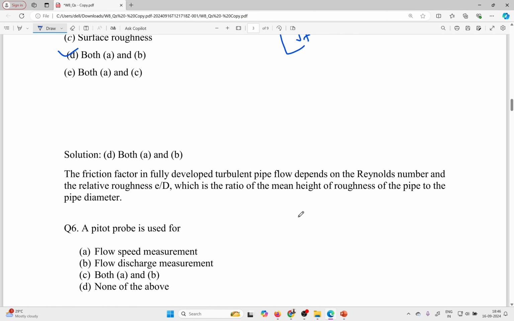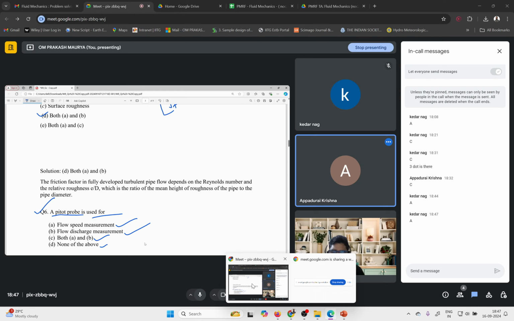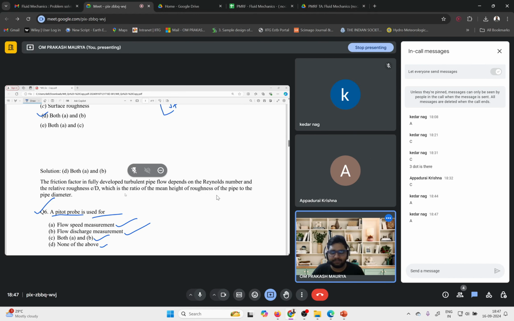Okay, so a pitot tube, question 6. A pitot tube is used for flow speed measurement, flow discharge measurement, both A and B, or none of the above. Yes, it measures the pressure, definitely.